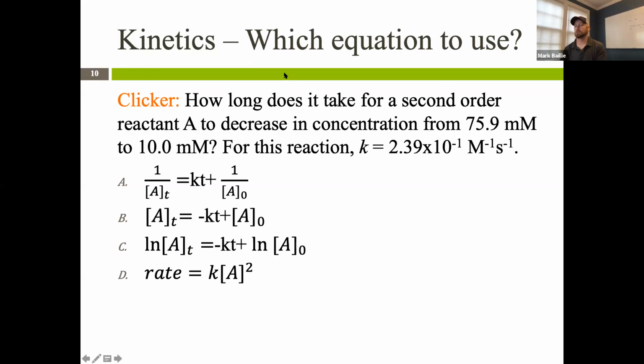So here's a question that says, how long does it take for a second order reactant to decrease in concentration from 75.9 millimolar to 10 millimolar? And we have our rate constant. So which one of these equations would be useful if we have a second order reactant?